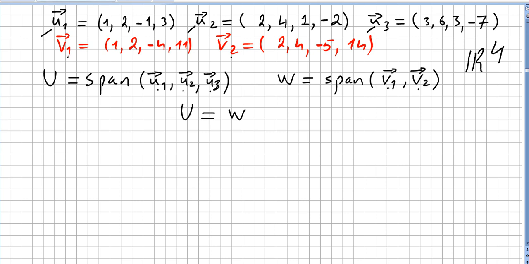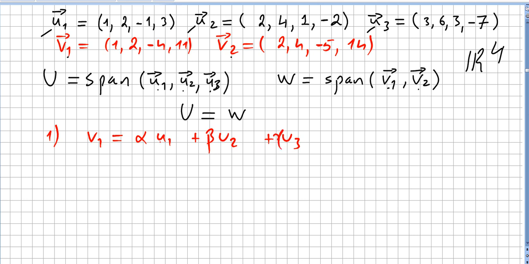We have two ways. I'm not going to do the first one. The first way is to pick every single vector u or every single vector v, and write it with alpha, beta, and gamma as a linear combination.